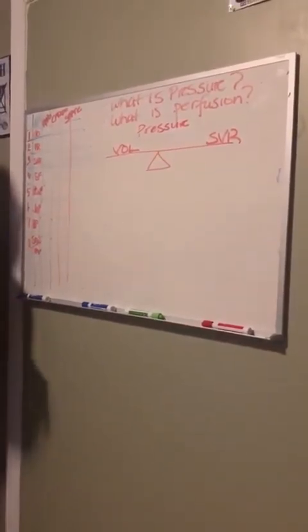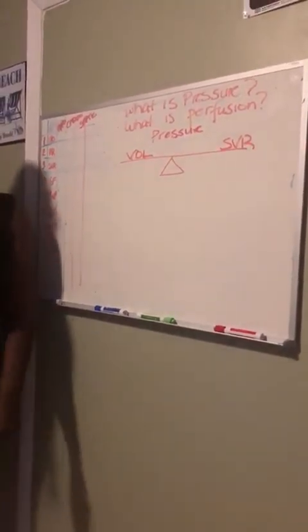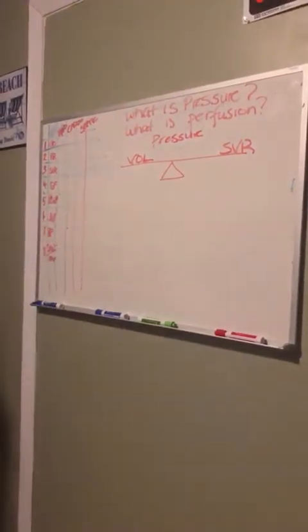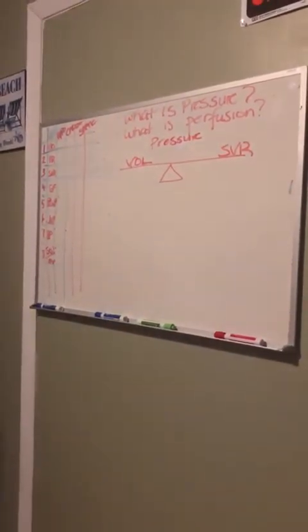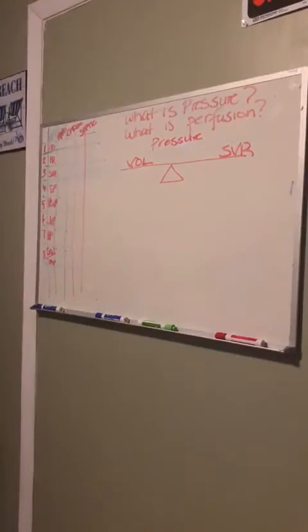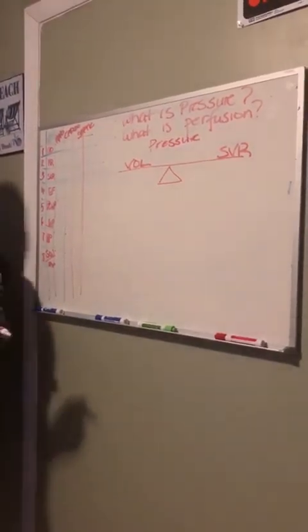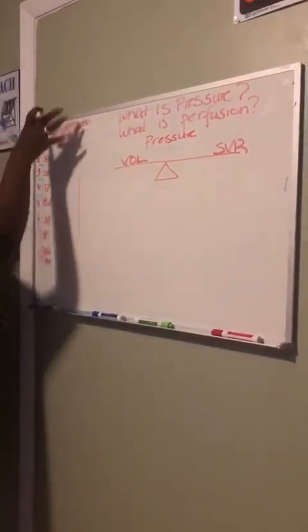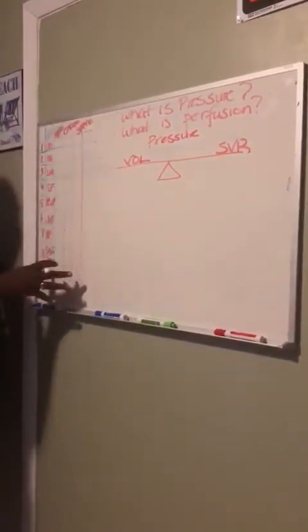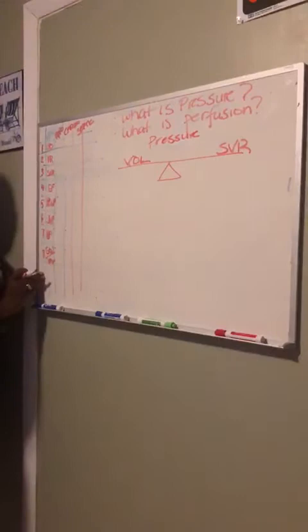So let me just give you a moment to get a paper. Go ahead, get a paper for me. So you're going to draw 3 columns, actually 4. You're going to put 1 through 8.